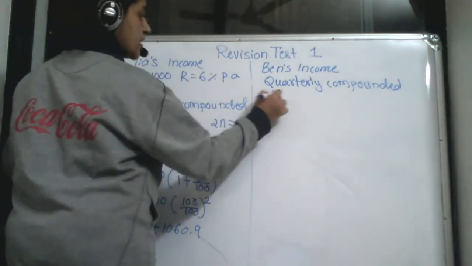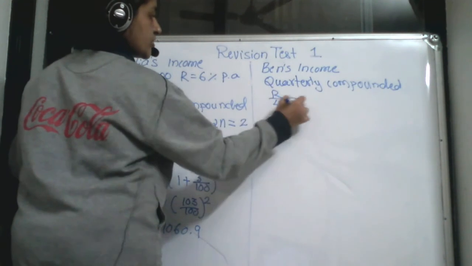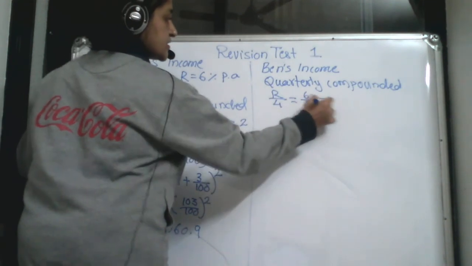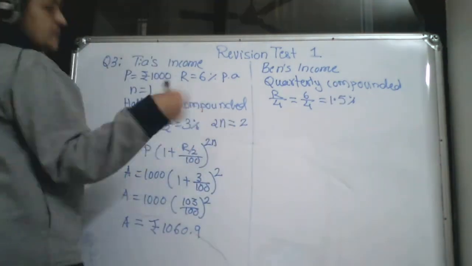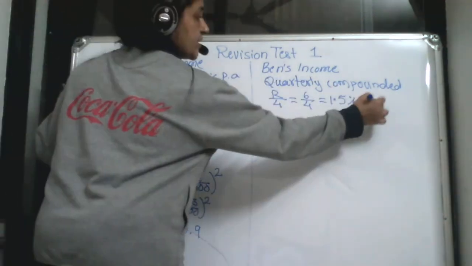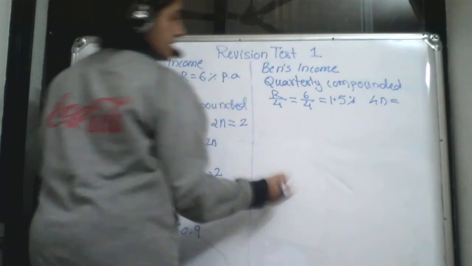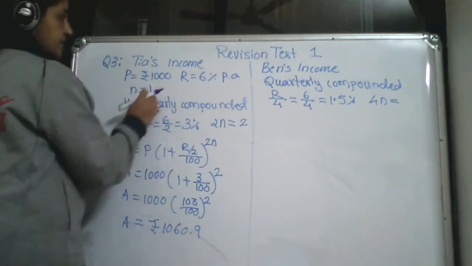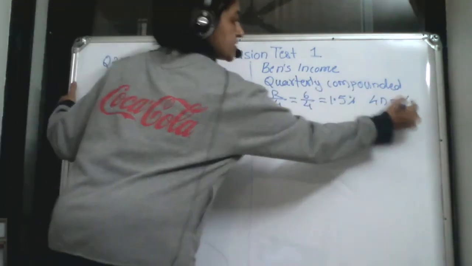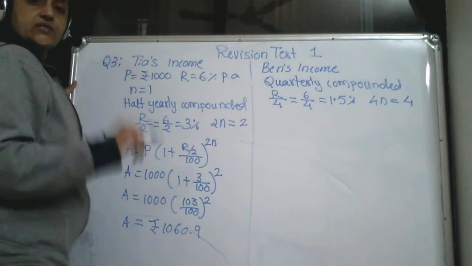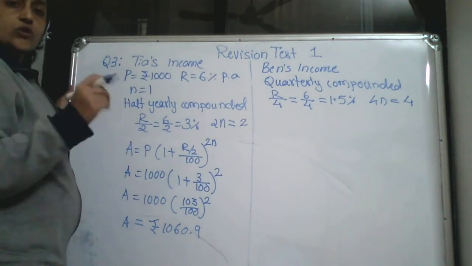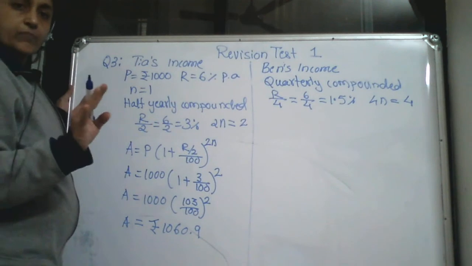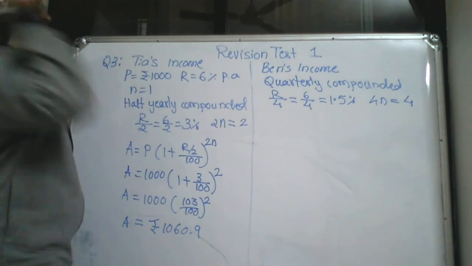It means R will be divided by 4, that is 6 upon 4, which is nothing but 1.5%, and 4n will come in place of n, meaning 4 times 1 year is 4 quarters. Quarter in the sense 4 parts. So how many quarters are there in 1 year? There are 4 parts, so you have to write 4n is 4.